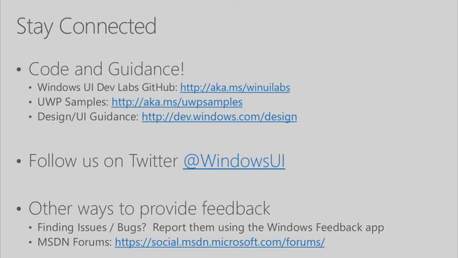Backdrop is what we're calling it. This is specific to the Windows UI platform team, and these are more end-to-end experience examples and lab-type environments. And of course, the UWP samples are still there, and there'll still be some XAML things and some visual layer things there. But we want to make sure you see the first one there, talking about how we put a lot of these pieces together.